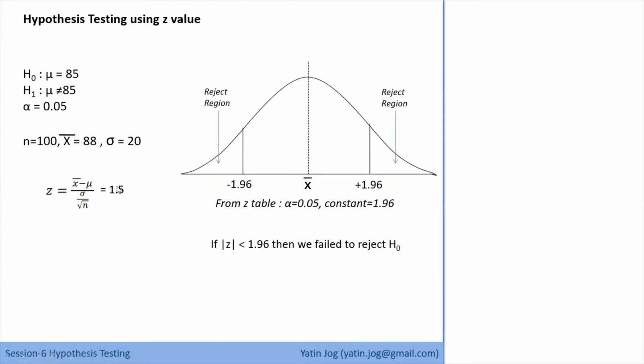Now if I plot 1.5 from X bar, that is the middle point, the mean, I will plot 1.5 somewhere here. That means whatever assumption I have made for H0 is at this location, at distance 1.5.